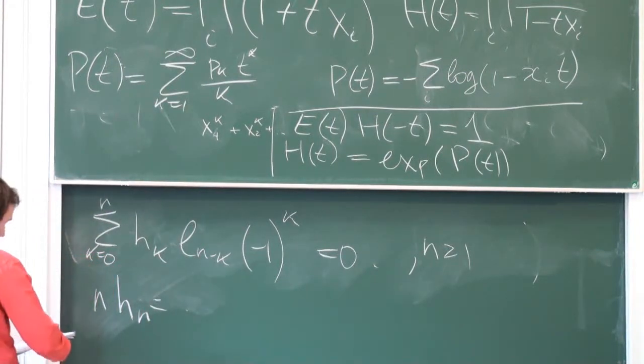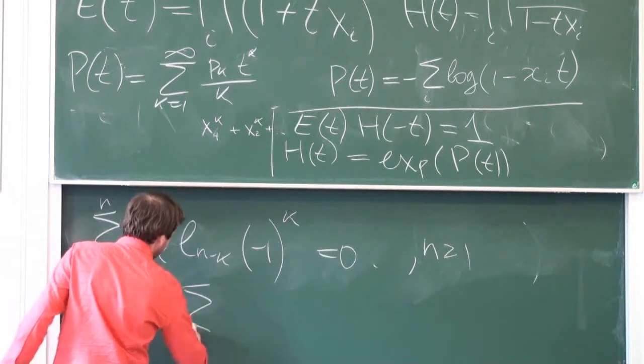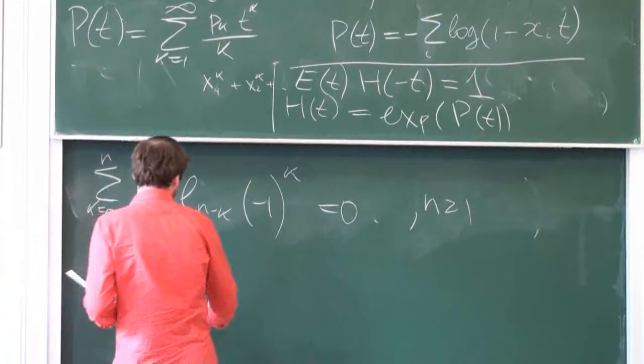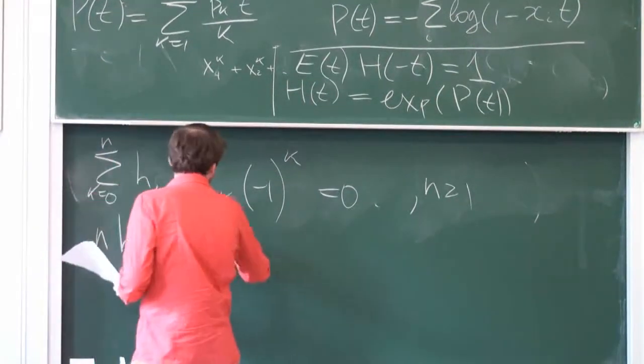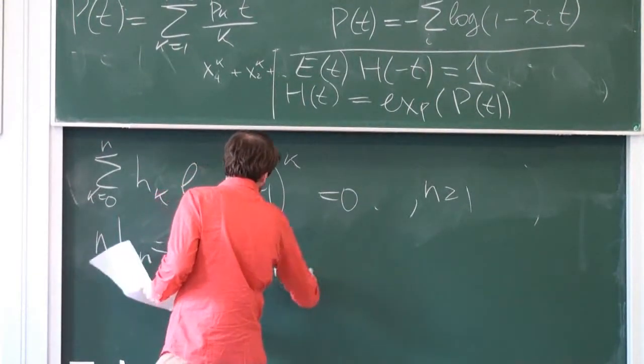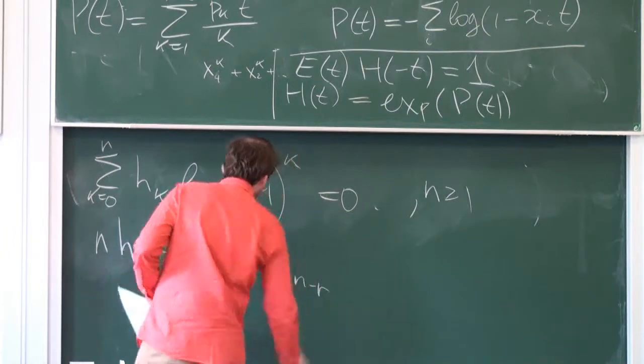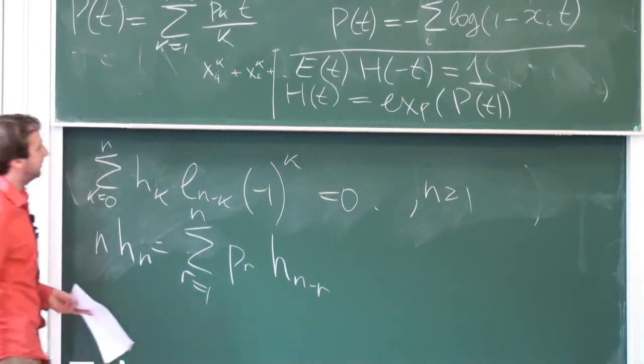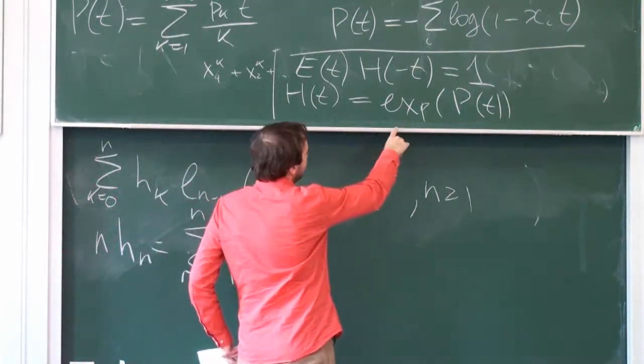n e_n is equal to the sum over r from 1 to n of (-1)^{r-1} p_r e_{n-r}. So how do we obtain this formula? This is just by differentiating this statement.